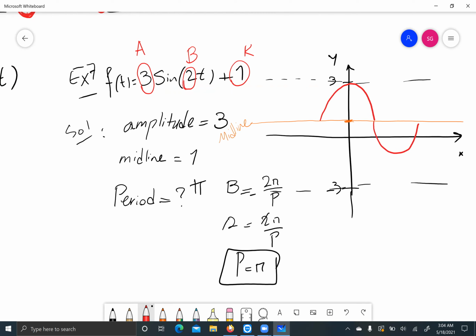And the period is pi. So that means this is pi, and this is 0. It takes pi to complete one full rotation.